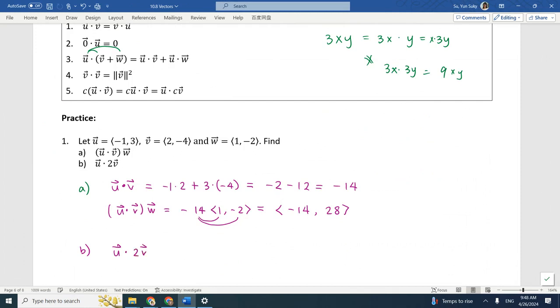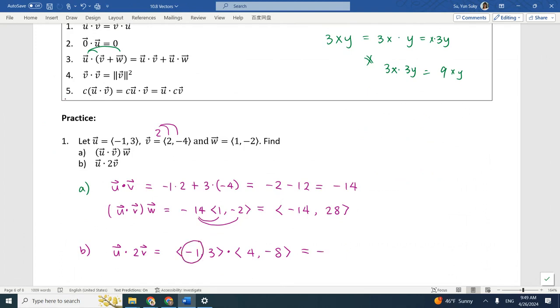u dot 2v. u is -1, 3. Dot product 2v. What is 2v? So 2 times 2 is 4, and 2 times -4 is -8. Very good. The first step is to figure out what is 2 times v. Okay, everybody? And then, what is the dot product?